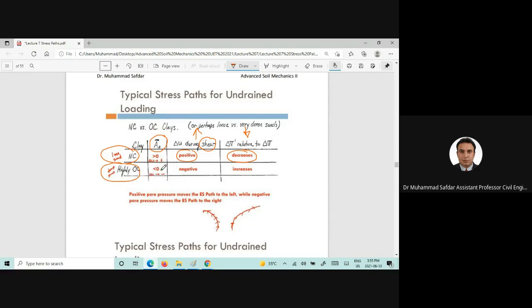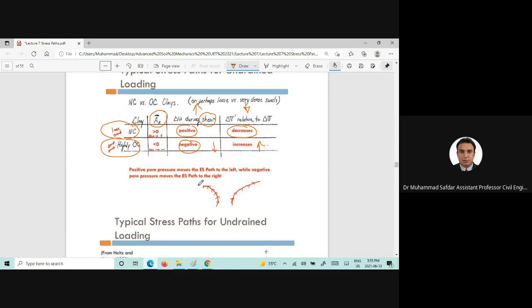Now how about the dense sand and highly over consolidated clays? The A bar F would be less than 0, and the pore water pressure would be negative. So if it's negative, this will increase. If this is decreasing, we talked about the stress path for the normally consolidated clays.